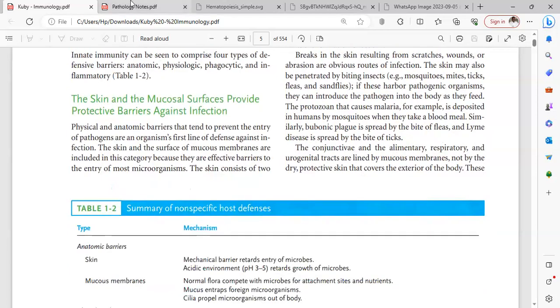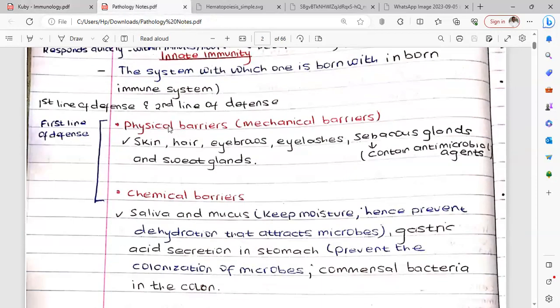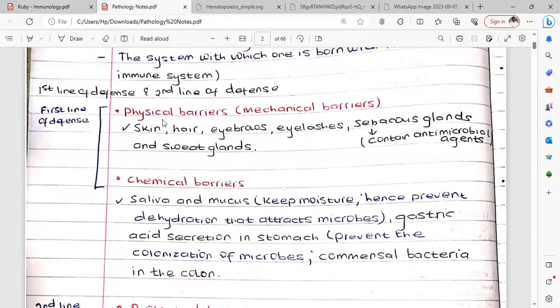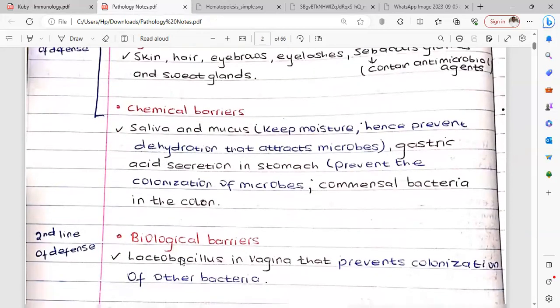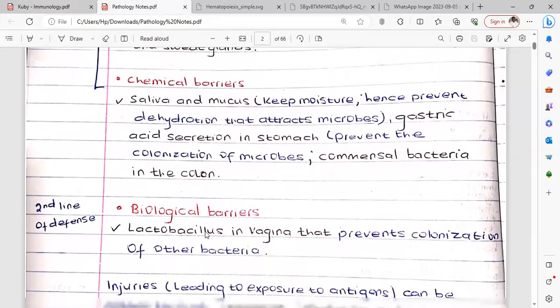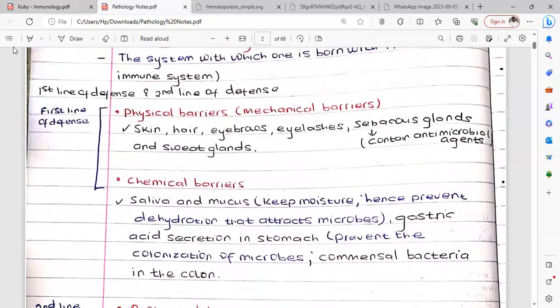So also refer to Dr. Gontier's notes. He classified them into 3: the first line, which has physical and chemical barriers, and then the second line, which is biological barriers, not far from what we have done.